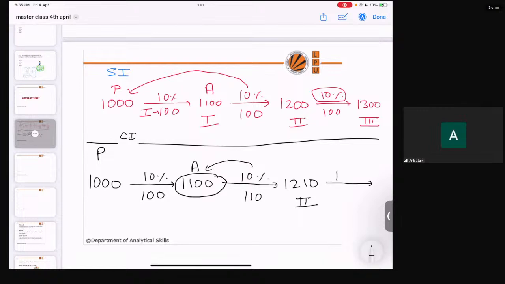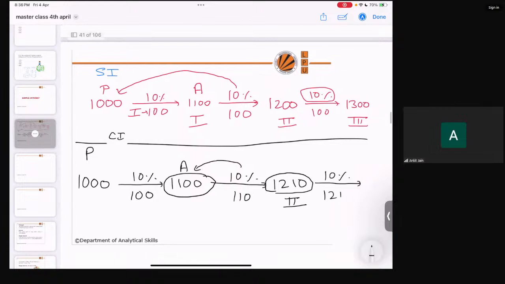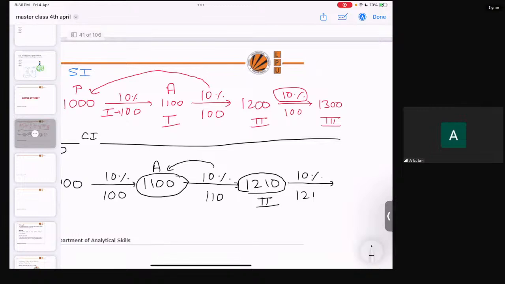Suppose in case of the third year we get 10%. Then the amount at the end of the second year is the principal for the next year. So 10% of 1210 is 121. So it becomes 1210 plus 121, which is 1331. Now you can see the difference.